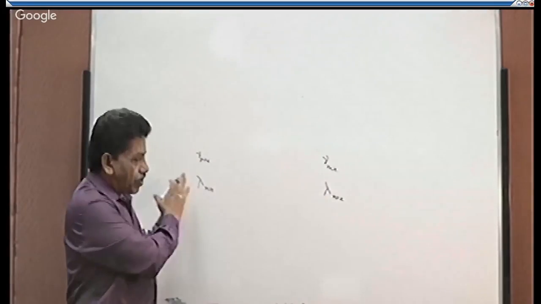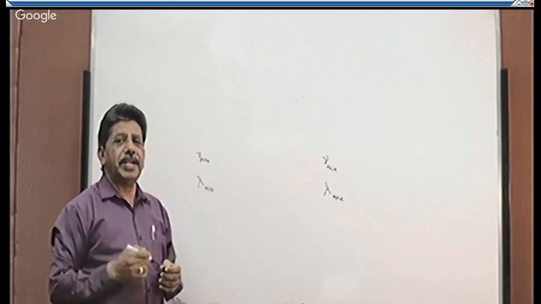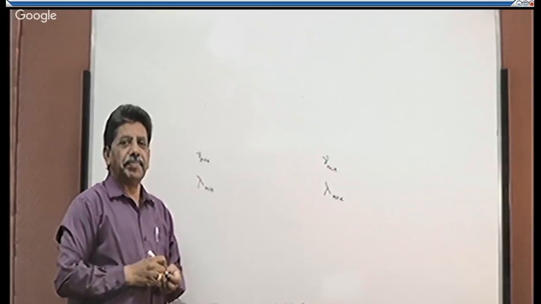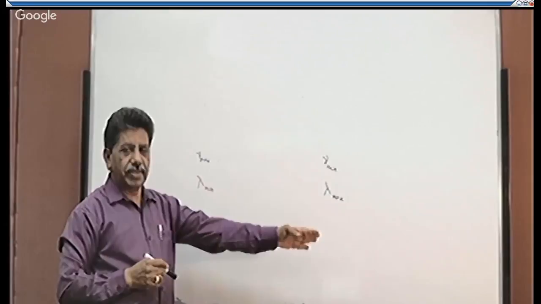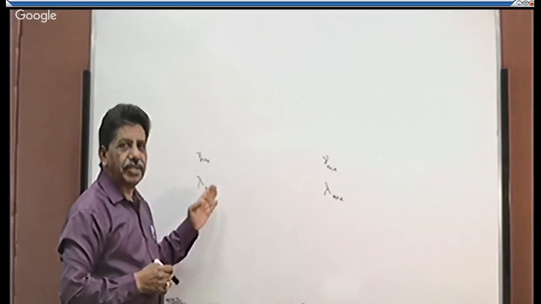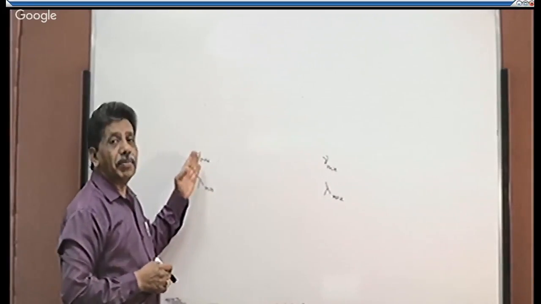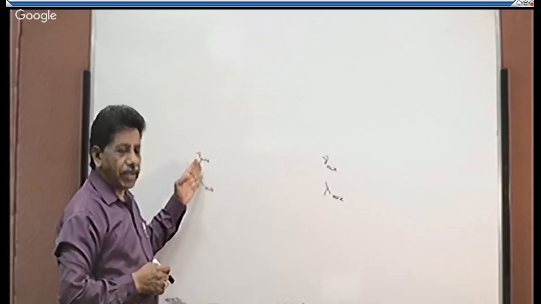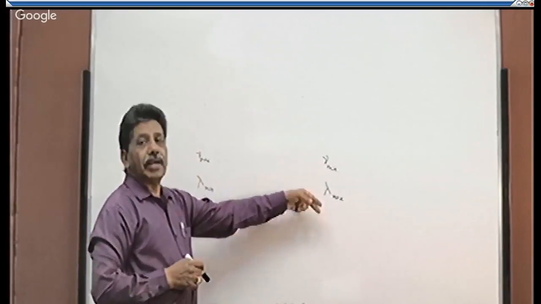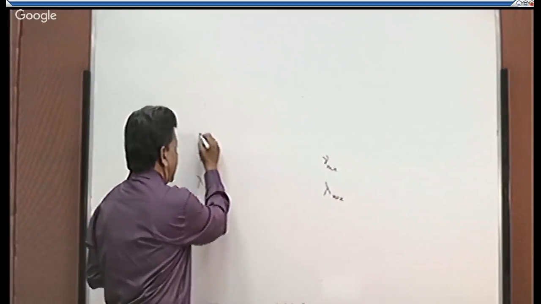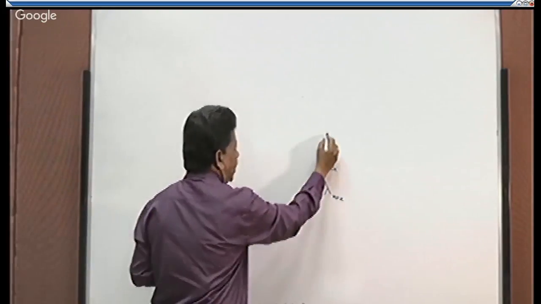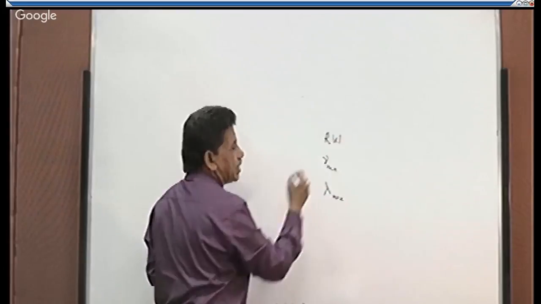And you try to accommodate all possible radiations which are available, starting from gamma rays to radio waves. Gamma rays have the least wavelength and maximum frequency, and here we have gamma rays at this region, and here we have radio waves at this region.